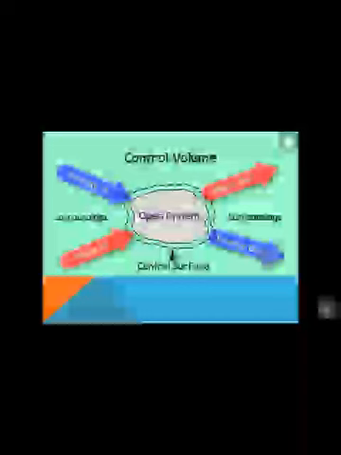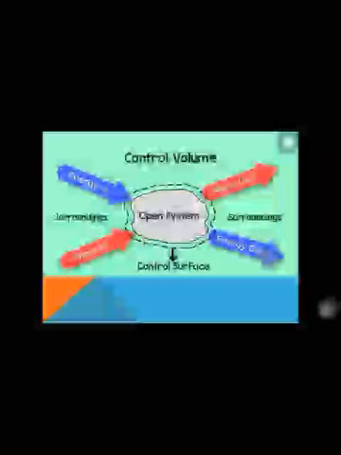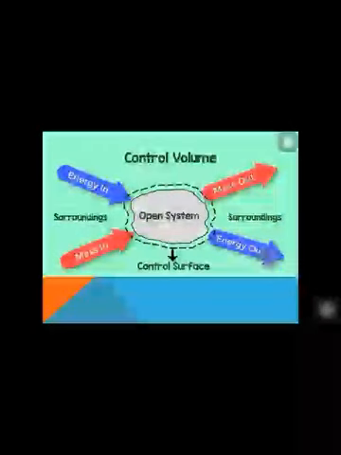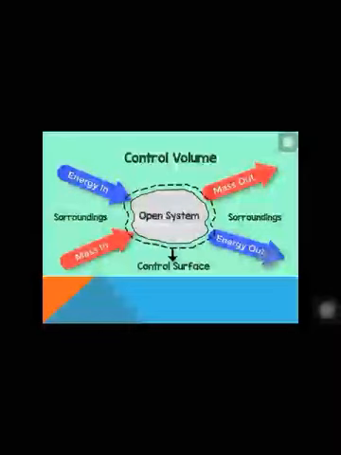So there is a picture kay you can see energy in the system, energy out of the system, and mass in the system and mass out of the system. So next, mao na siya ang example sa open system. So we have air compressor. So air compressor is an example of an open system. It is considered as an open system because it has energy and mass interaction.